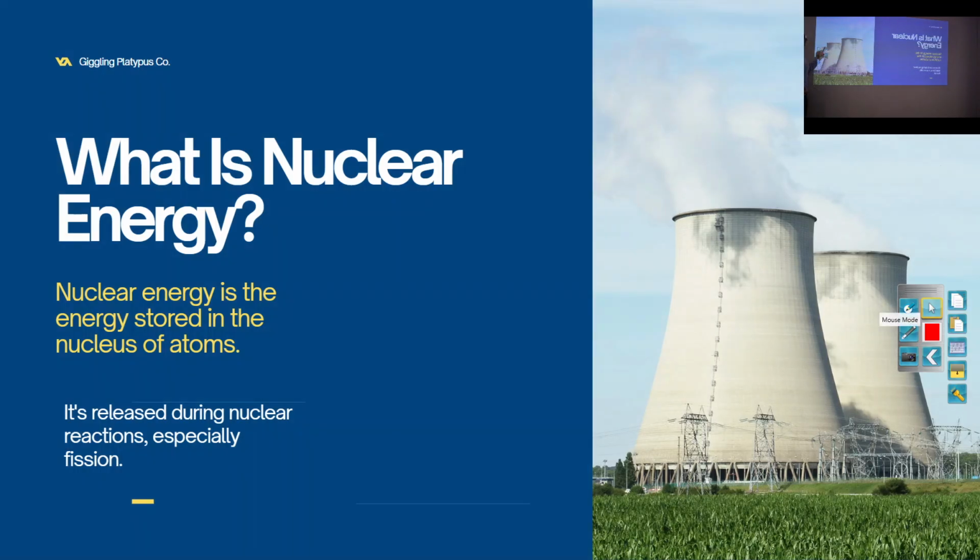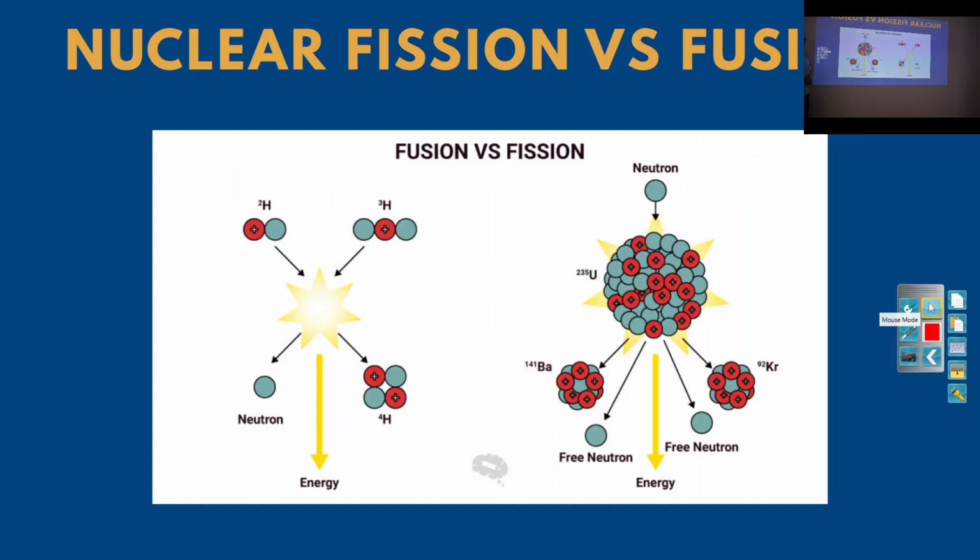So in the nuclear fission process, what happens is there is one heavier nucleus. This is unstable, so that is what we call radioactive elements.